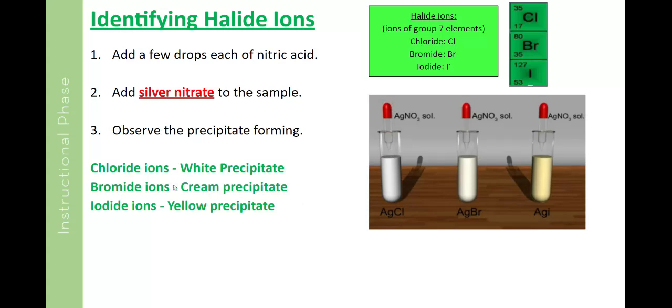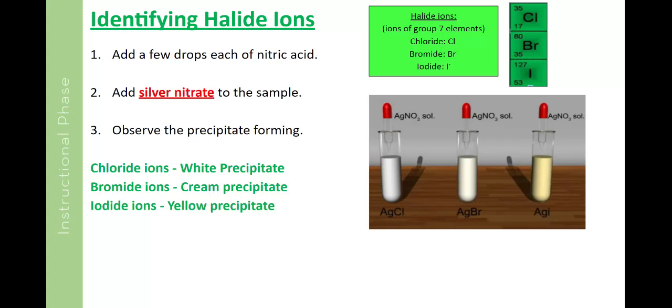Now, if the sample contains chloride ions, you get a white precipitate forming. That white precipitate, that solid insoluble precipitate that forms, is actually silver chloride, and that's how we know it contains chloride ions. So if it's a white precipitate, it shows chloride ions.